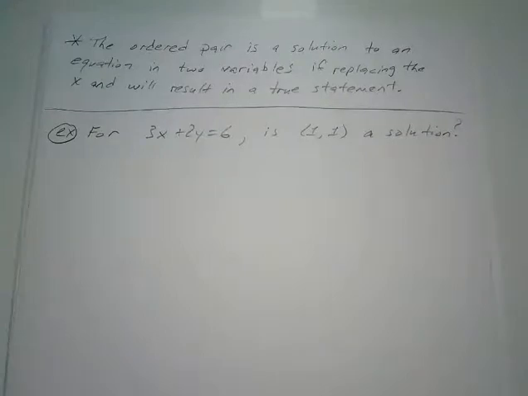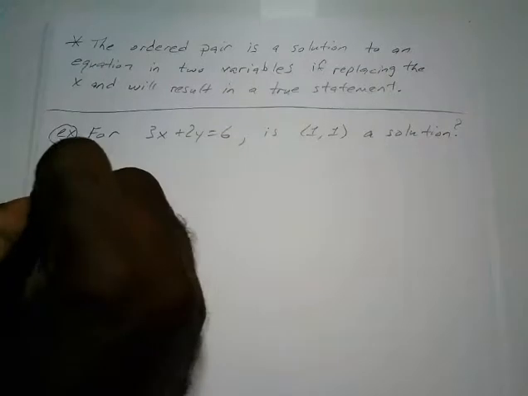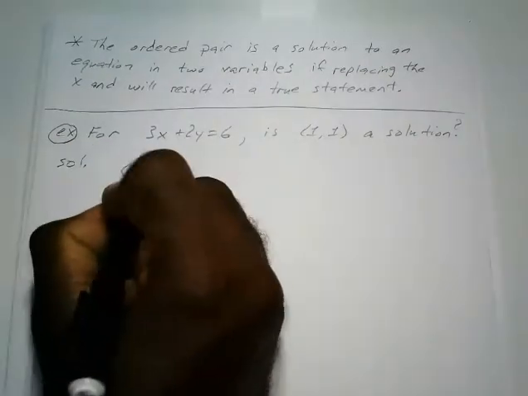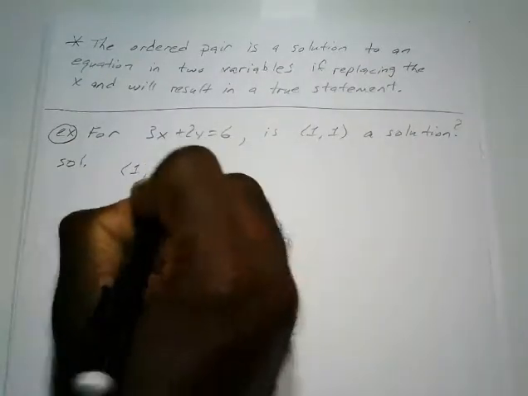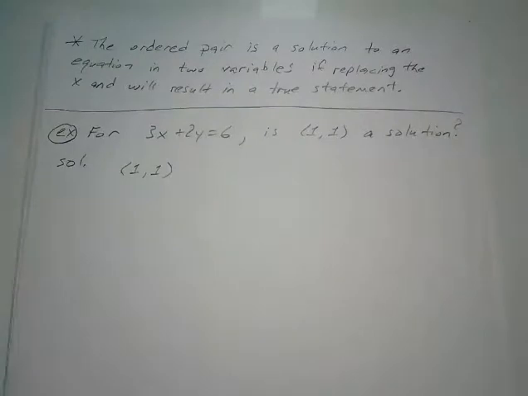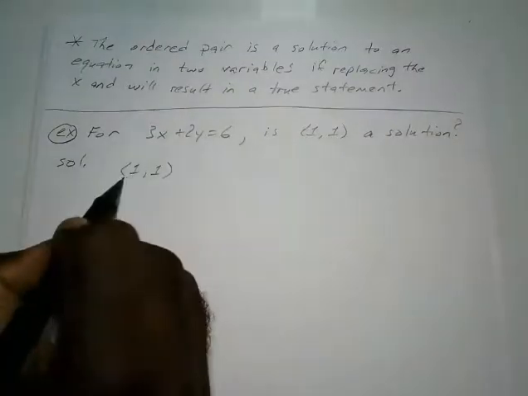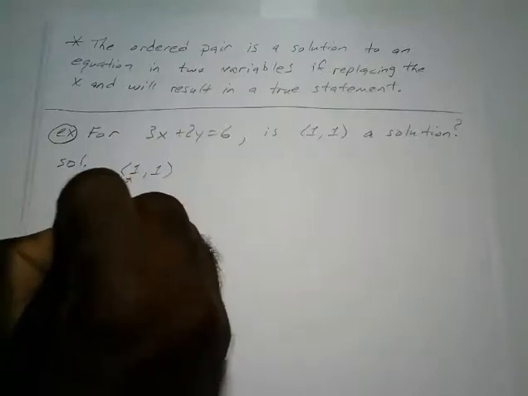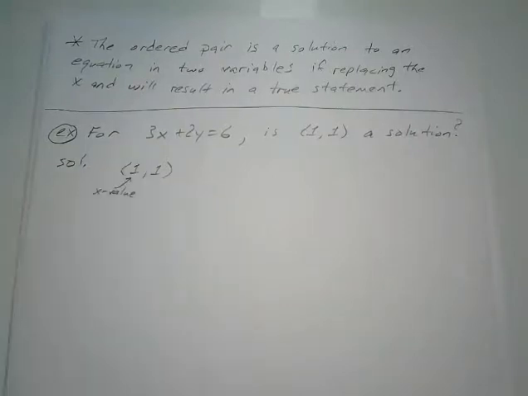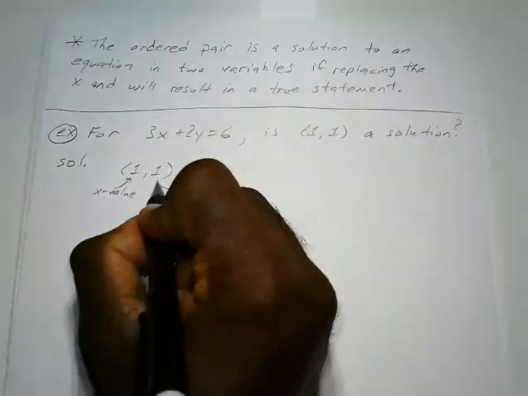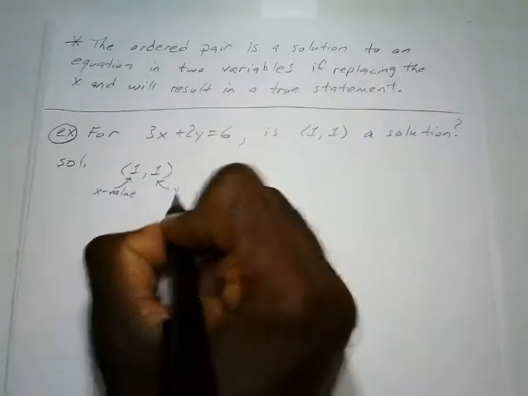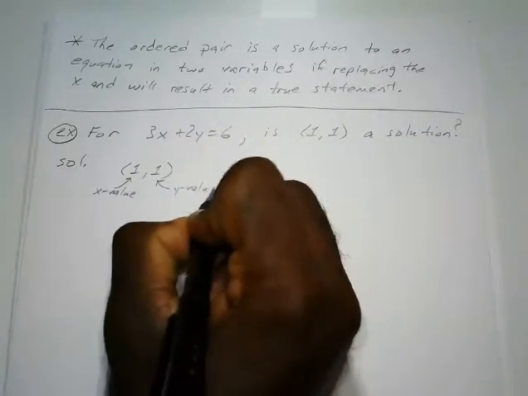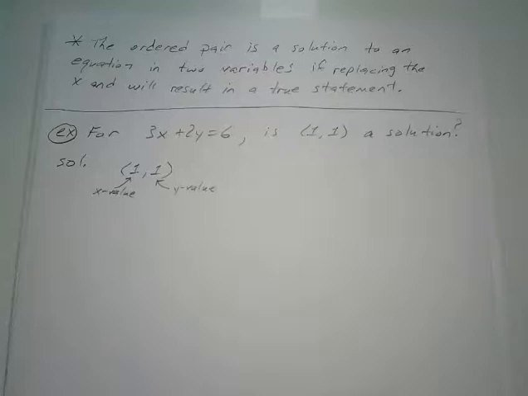All right. So to find out the answer to that, it's pretty straightforward. So remember, for that particular ordered pair, the element on the left is your x value, and the element on the right is your y value.